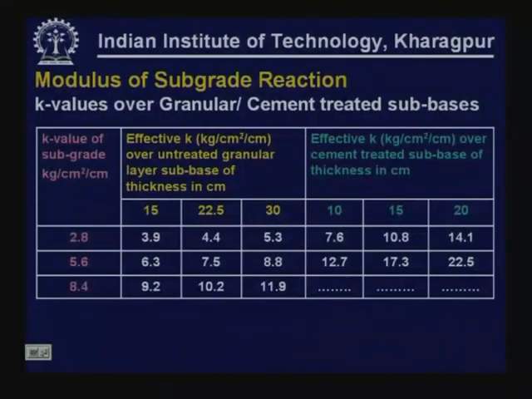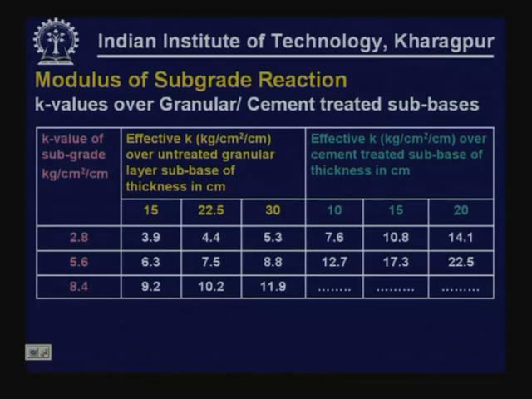For example, if there is a granular or cement treated subbase over subgrade, the effective K value can be obtained if you know the K value of the subgrade, that is, if you know the CBR value of the subgrade, we can estimate the K value of the subgrade, and the effective K value over an untreated granular layer of subbase with different thicknesses.